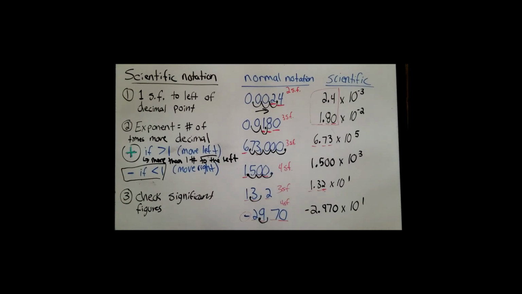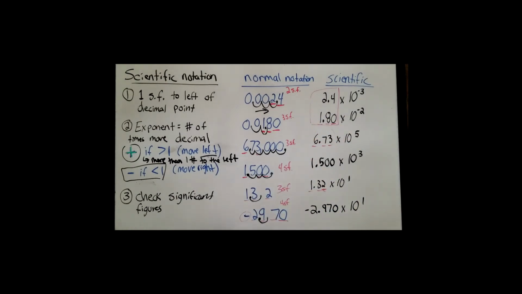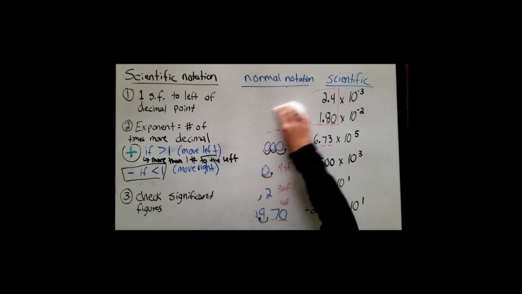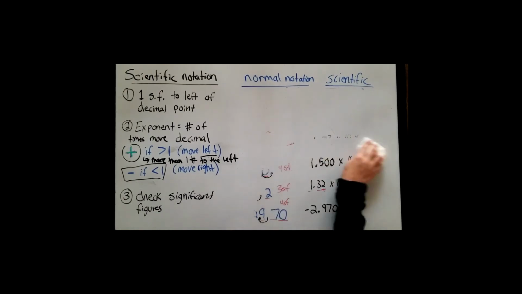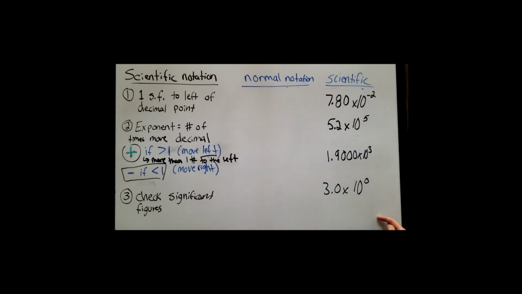Okay, so what I want to do next is we have looked at taking normal notation numbers and changing them to scientific notation. I want to do the reverse direction. So we're going to put up some scientific notation numbers and we are going to write them in normal notation. Notice these are all scientific notation.